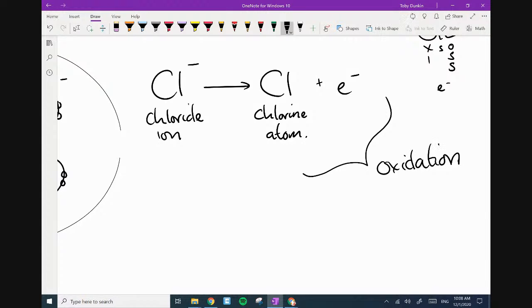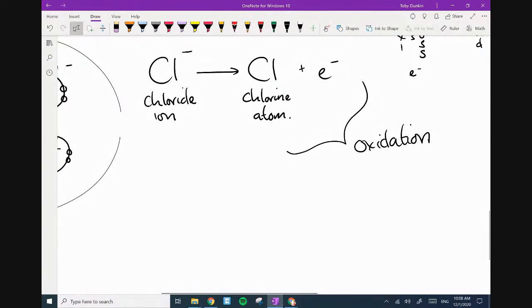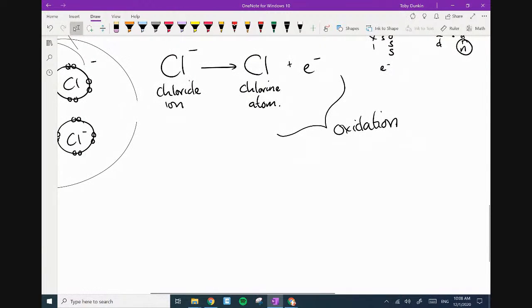Now, here's the clever bit. That reaction there that you can see is not actually going to happen. What's going to immediately happen is it's going to happen twice, and they are going to pair up. So here's what actually happens.